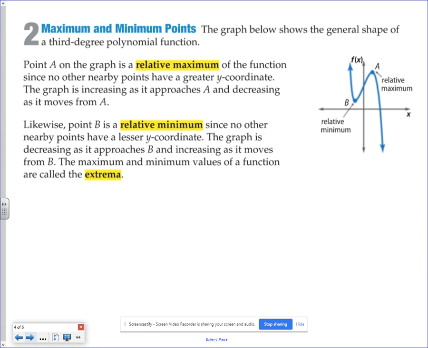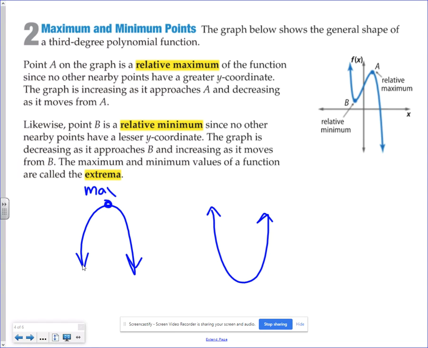Now, if you guys remember when we did quadratic equations and we graphed them, we got 2 types of graphs. We got a U-shaped one, and then we got one that looks like a U upside down. And remember, when it looks like a U upside down, we call this the maximum point. That's the highest point on the graph.